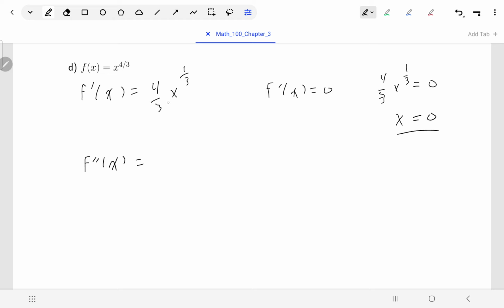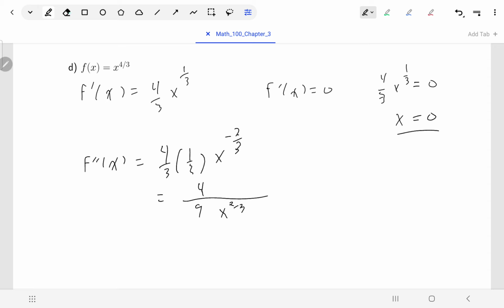So first derivative, 4/3 x to the 1/3. I'm just going to use power rule again. So 4/3, bring the power down, reduce the power by 1. 1/3 minus 1 is negative 2/3. And so I wind up with 4/9 x to the 2/3 in the denominator.